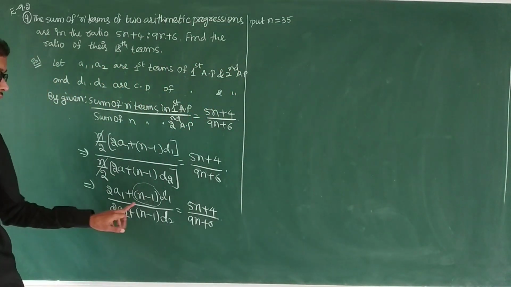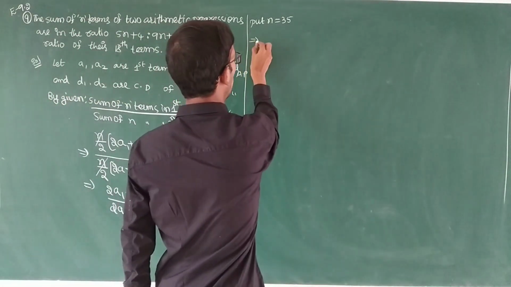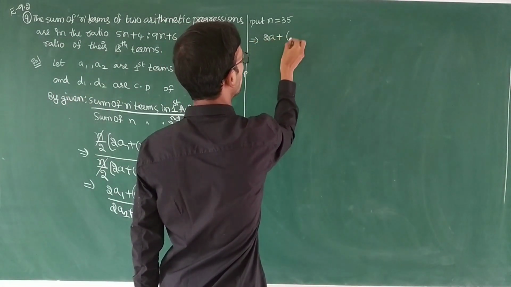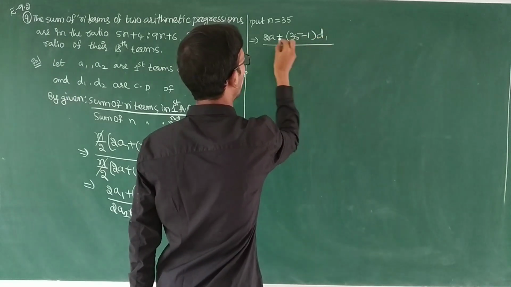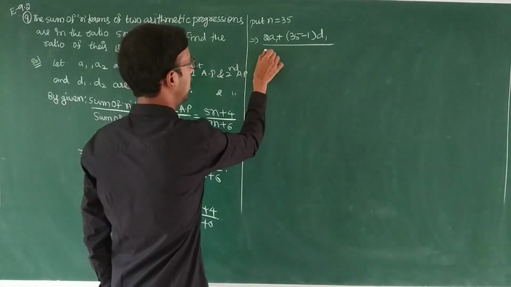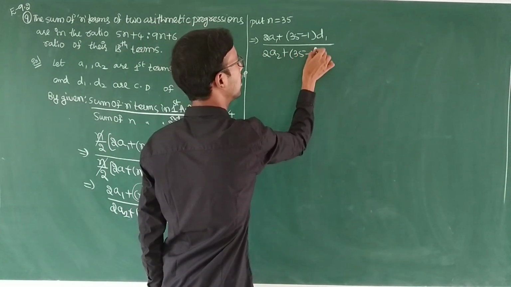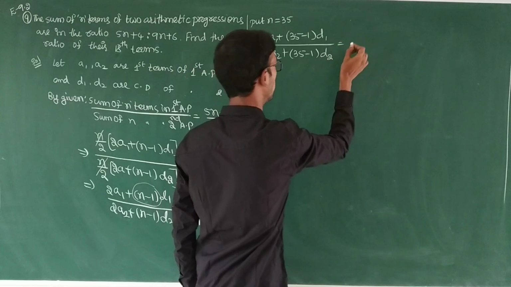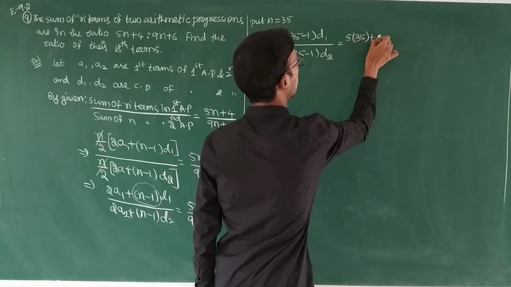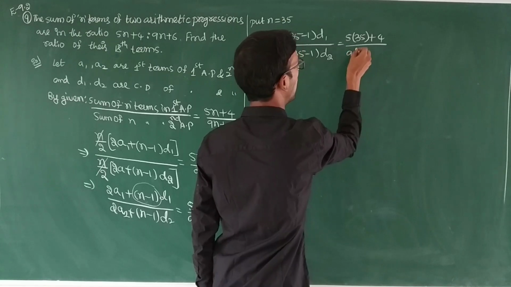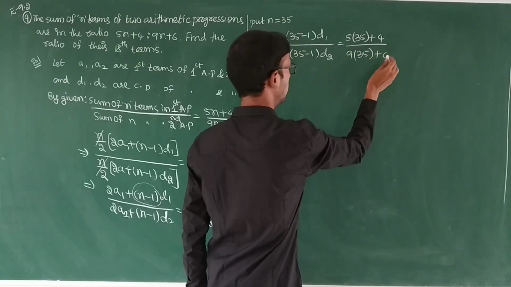If we substitute n equal to 35, what do we observe? 2a1 plus 35 minus 1 into d1 by 2a2 plus 35 minus 1 into d2 is equal to 5 into 35 plus 4 divided by 9 into 35 plus 6.